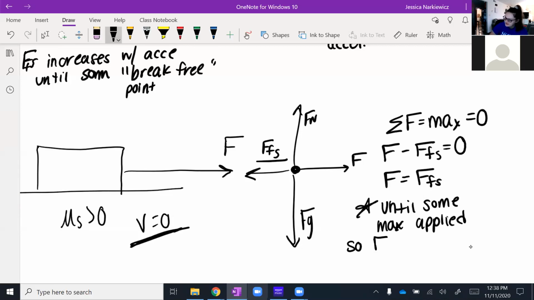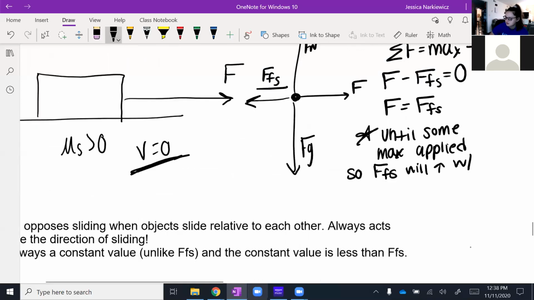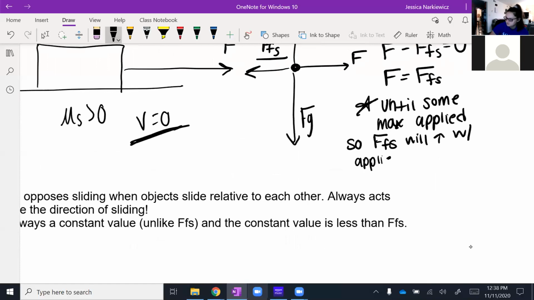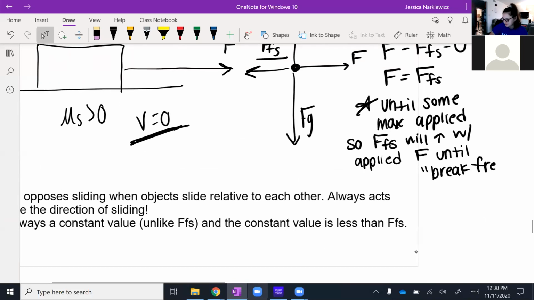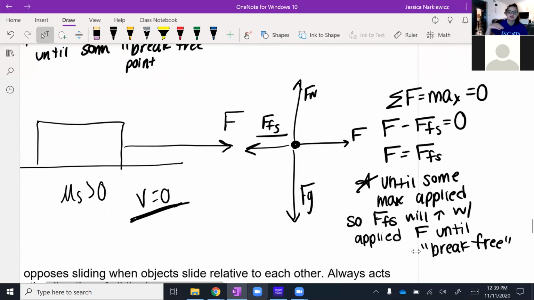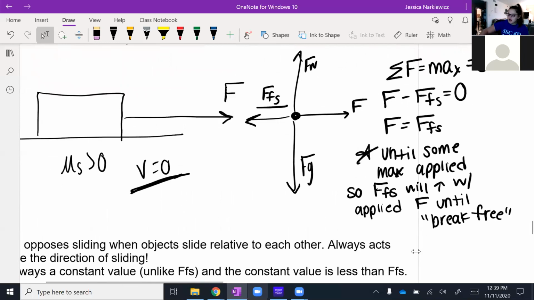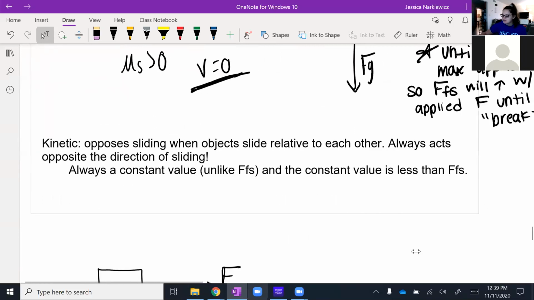All right, so the static force of friction will increase with the applied force until that same break free point. So the static friction force has the ability to vary based on the situation, and then it'll increase until we get to some like maximum value, and then we start to slide across the surface. Once we start sliding across the surface, that's when we start to deal with the kinetic force of friction.